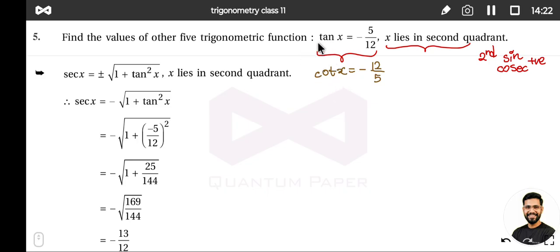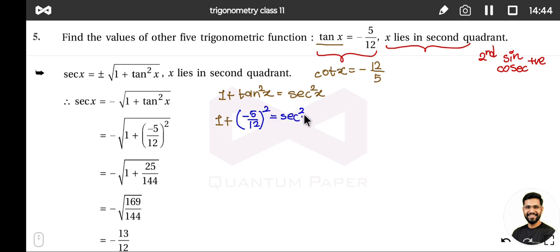Now let's apply the identity by using tan x. The identity we have is 1 plus tan square x is equal to sec square x. So 1 plus tan x, tan x is nothing but minus 5 by 12. So here minus 5 upon 12, the whole square, is equal to sec square x.